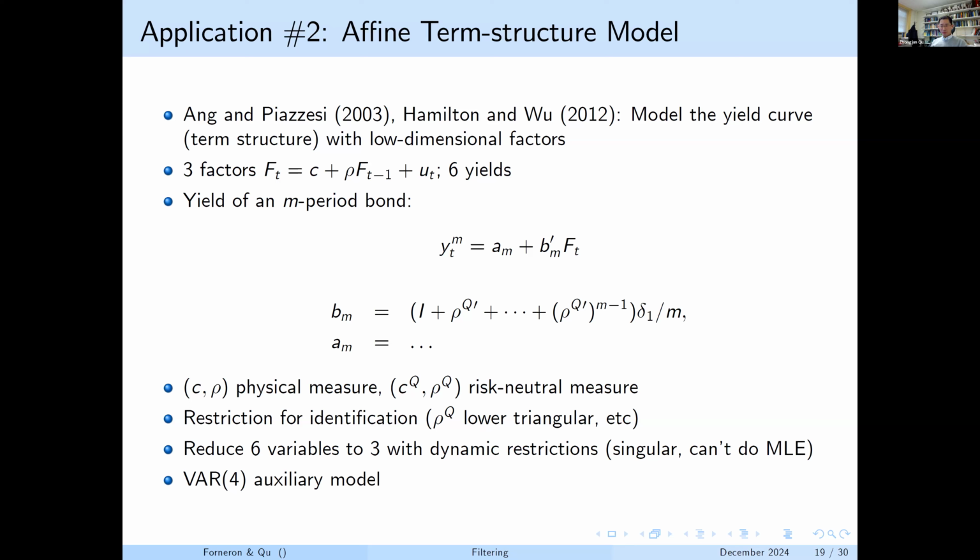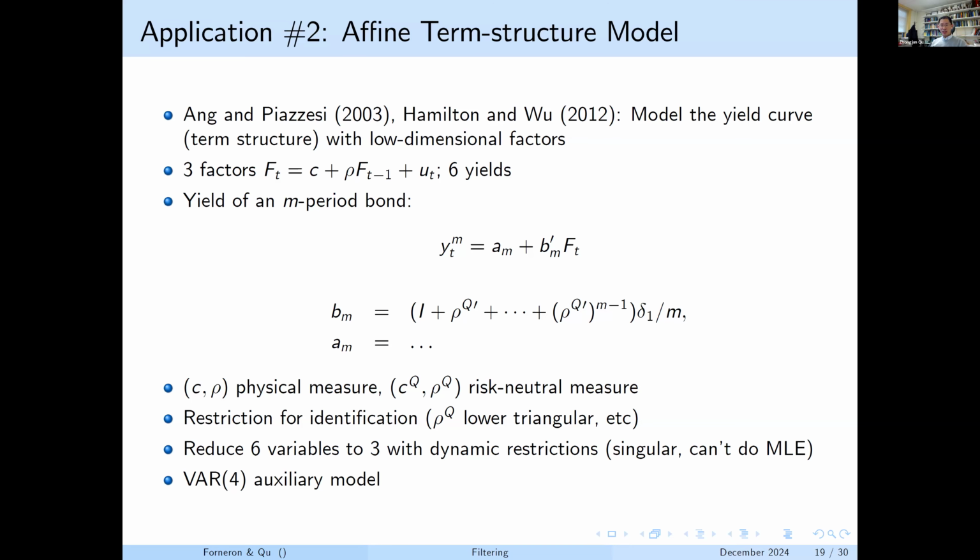The model imposes restrictions on the interest rates. As a result, the yield of maturity m can be expressed as a linear function of the factors where the parameters A_m and B_m satisfy certain expressions.